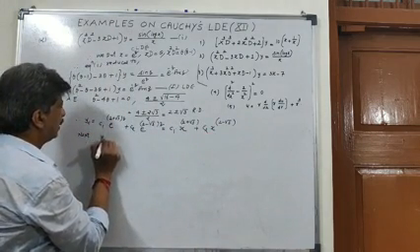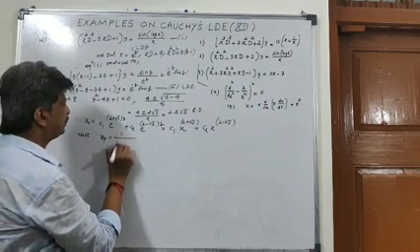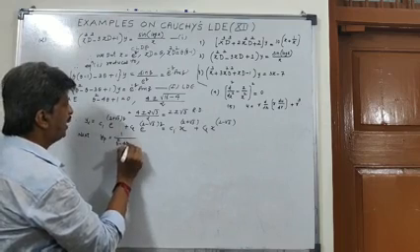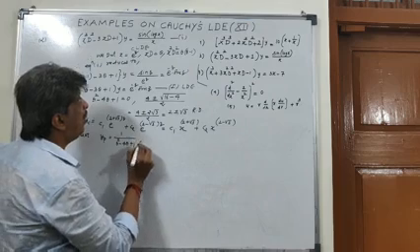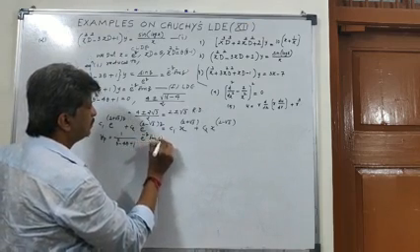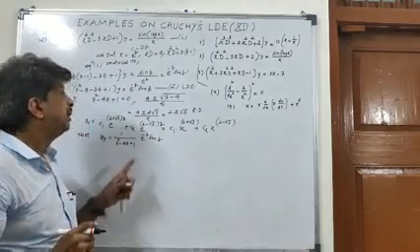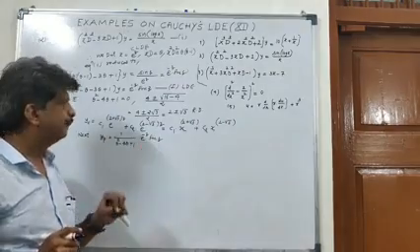Next, yp is 1 upon theta square minus 4 theta plus 1 operating on e to the power minus z sin z. So which case is this? This is the exponential case, e to the power ax into v.